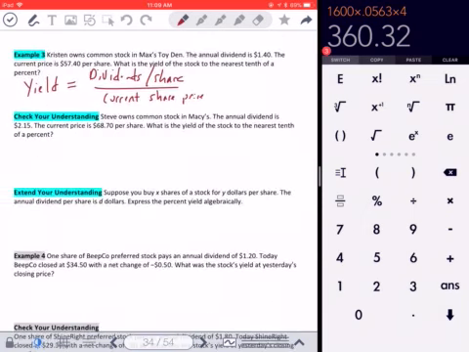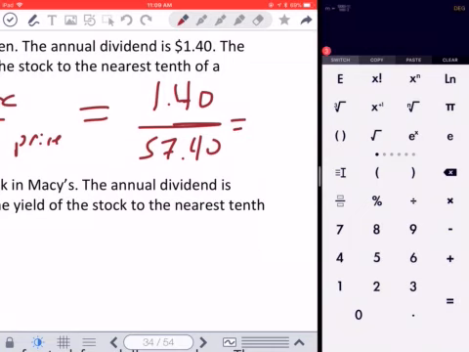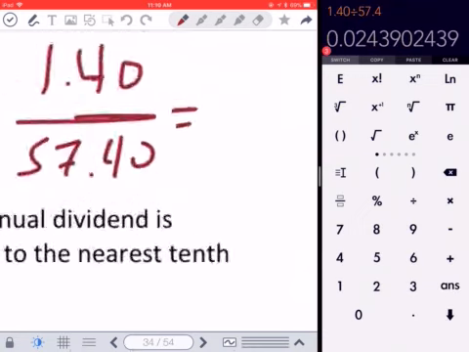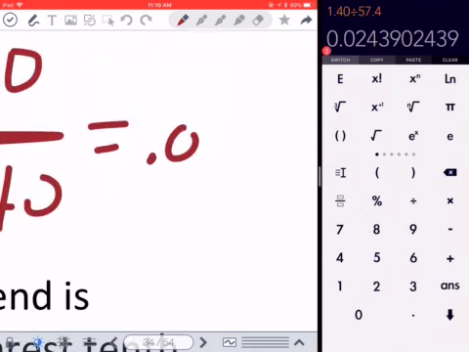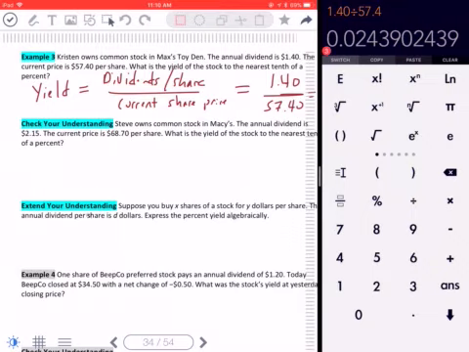In this example, it's the annual dividends per share, it's $1.40. And the current price is $57.40. So this is going to give me a percentage. So I have $1.40 divided by 57.4, and I get 0.02439.